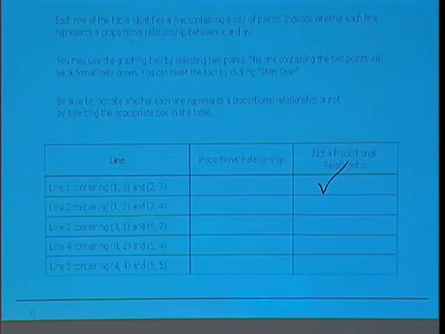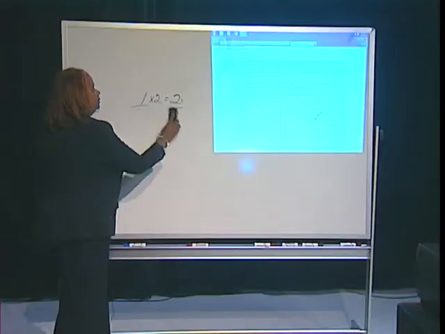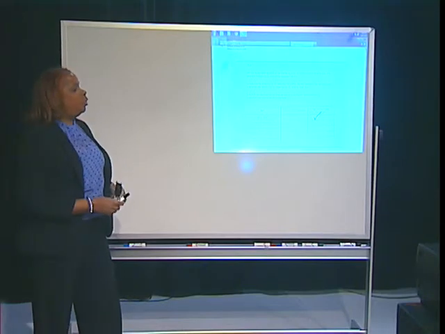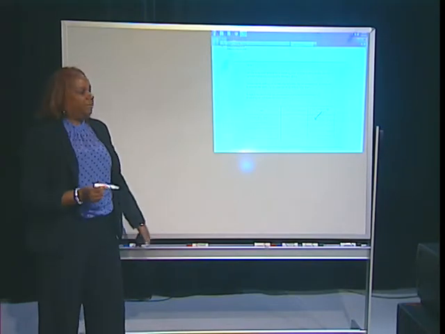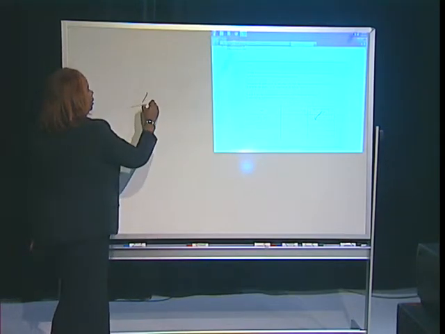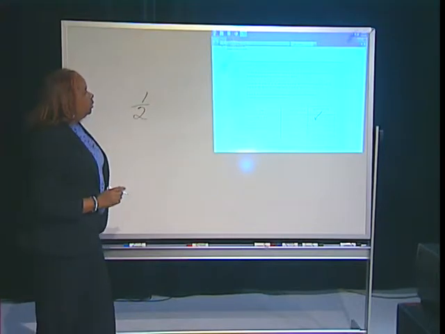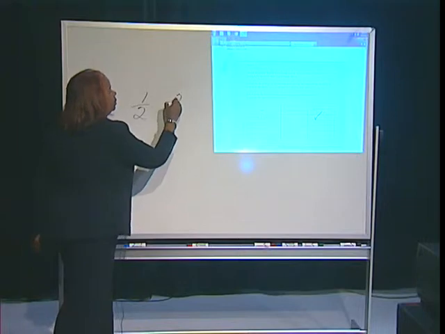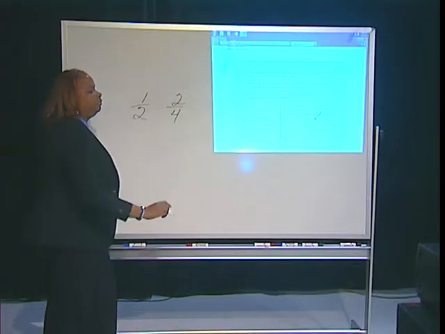Line 2 gives us the points 1 and 2 and 2 and 4. Let's take a look at those two to see whether they have an equivalent relationship. 1 over 2, is it equivalent to 2 over 4?